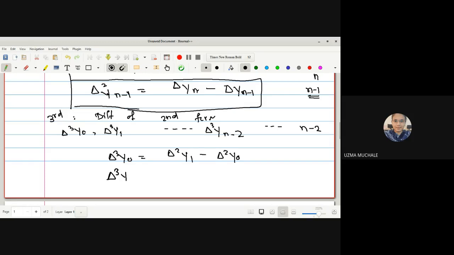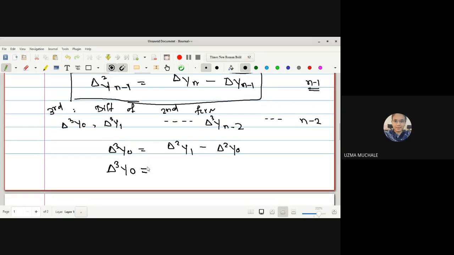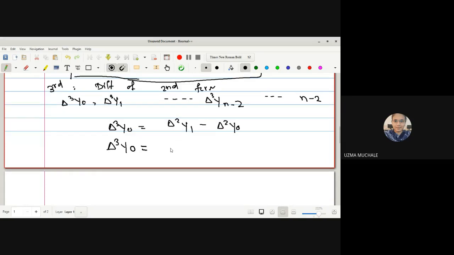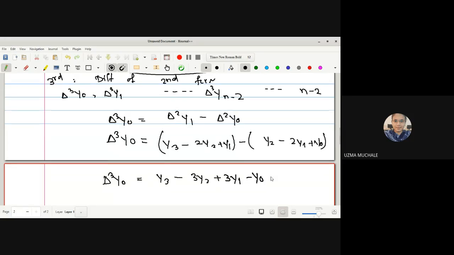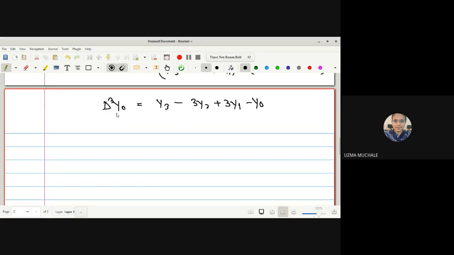In general I will write directly: delta cube y naught is equal to delta square y1, which is y3 minus 2y2 plus y1 as we have written, minus delta square y naught, which we got as y2 minus 2y1 plus y naught. So we can write delta cube y naught equals y3 minus 3y2 plus 3y1 minus y naught. So in this way we have got the formula for delta cube y naught.